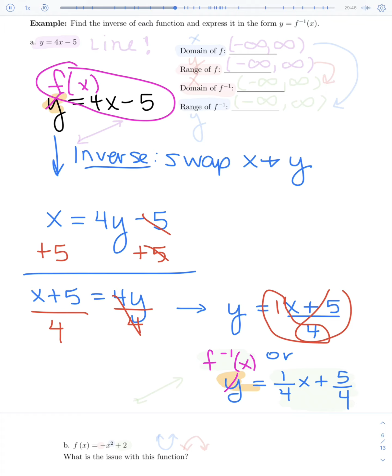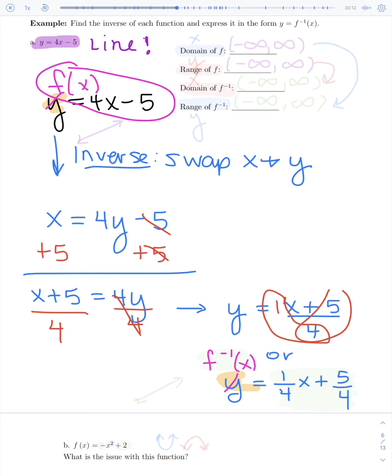Now, the next thing they wanted us to find was the domain and the range of both the original function and the inverse. Well, let's take a look at the original function first. The original function, y equals 4x minus 5, is just a line. It's in slope-intercept form, y equals mx plus b.